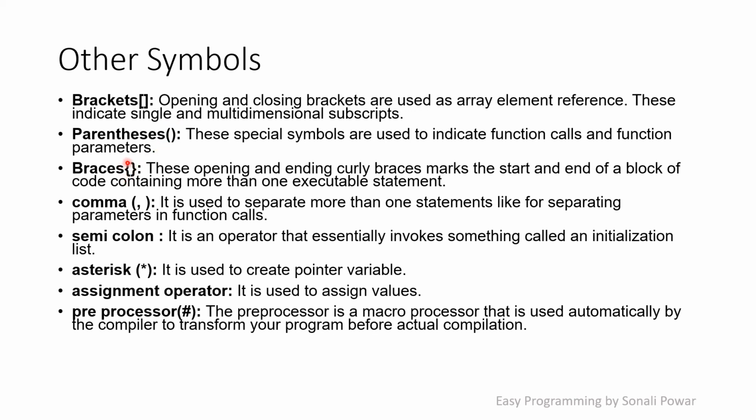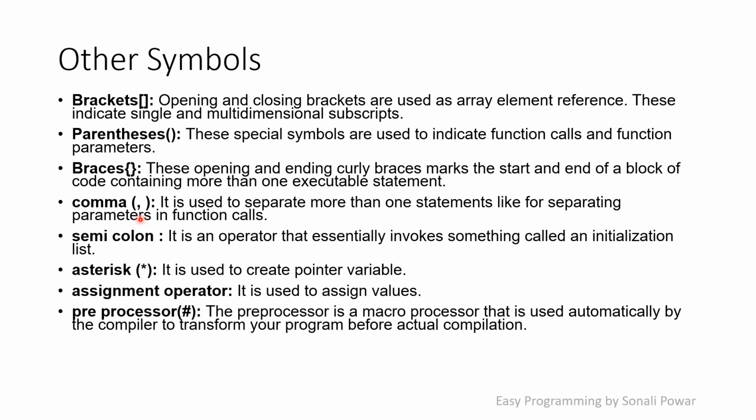And the curly opening and closing brackets are used to specify a particular block. This is the opening of a loop, this is the closing of the loop, this is the opening of my function, this is the ending of my function. Now next, comma: suppose I want to declare two variables, how can I declare them? int a, b.